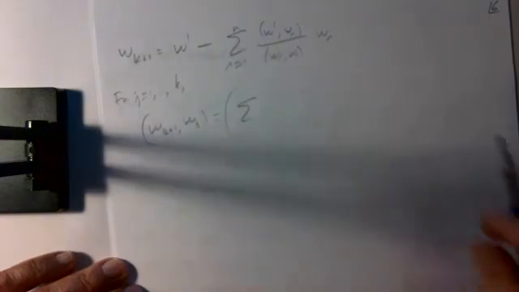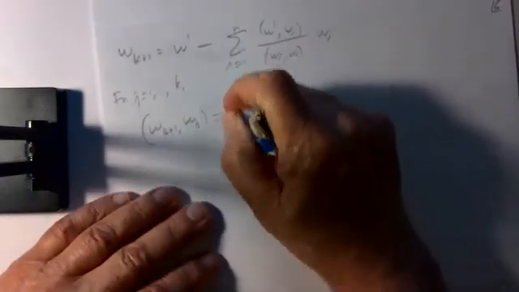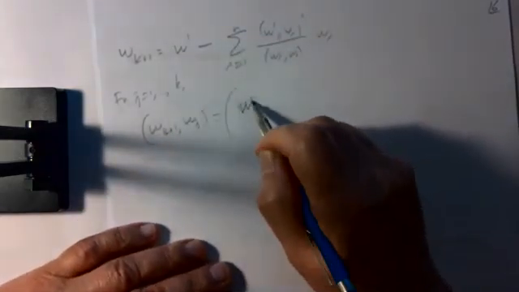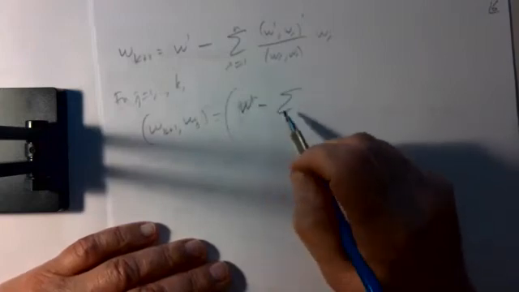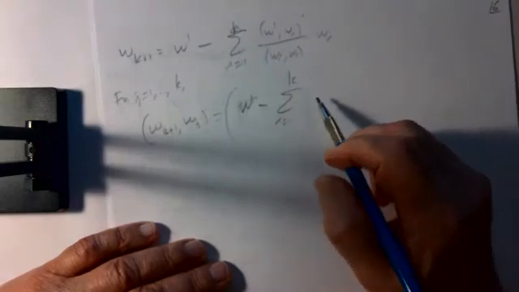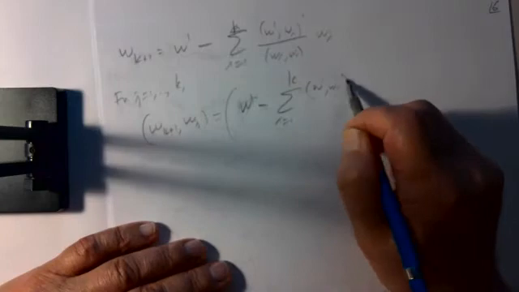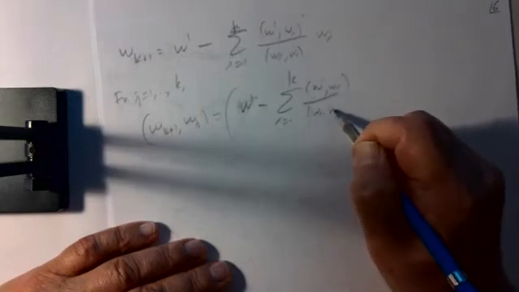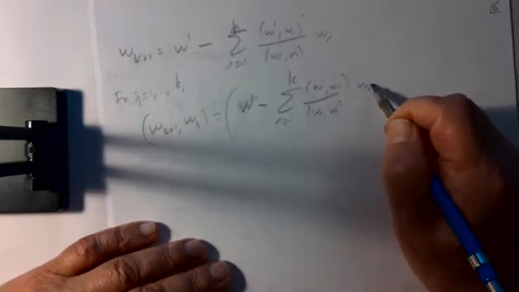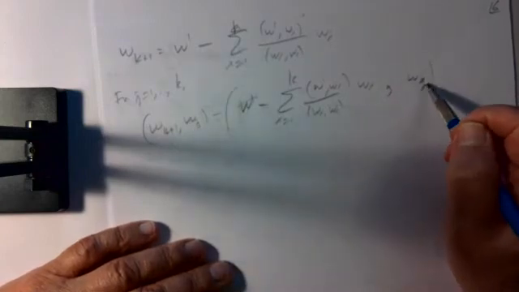So I have in here w prime minus the sum from 1 to k of the inner product of w prime and w_i over the inner product of w_i with w_i, times w_i, inner product with w_j.